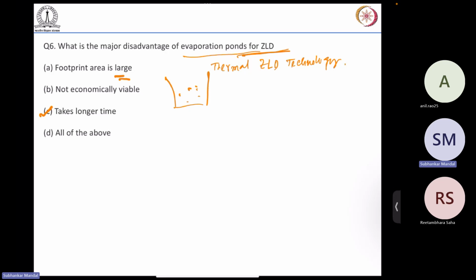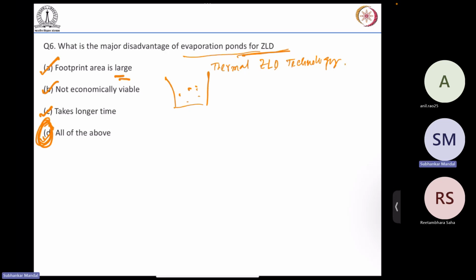If you think of a town or city, it is quite impossible. In a village it is okay, but with time, when the population increases, the area will not be available. So the footprint area is also one of the disadvantages, and it is also not economically viable. So option B is also correct, that means the answer will be option D.